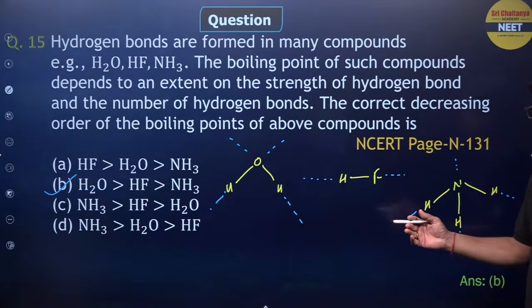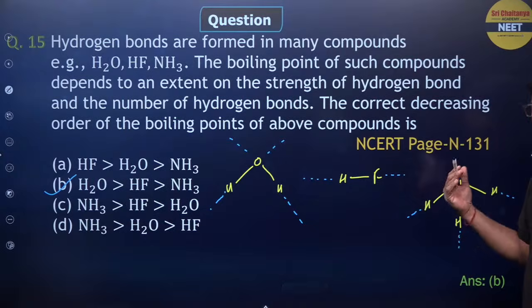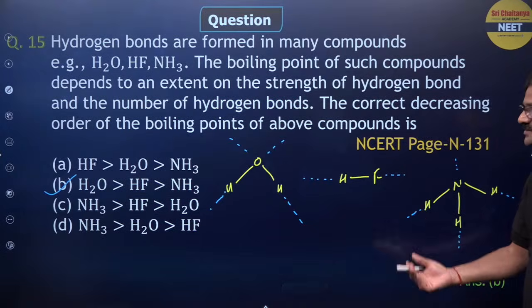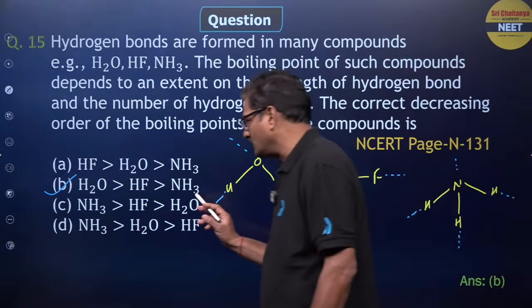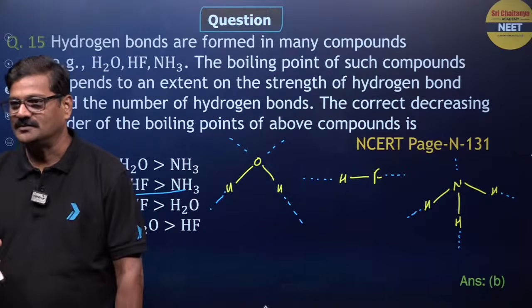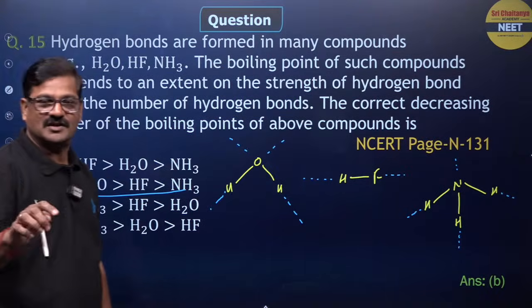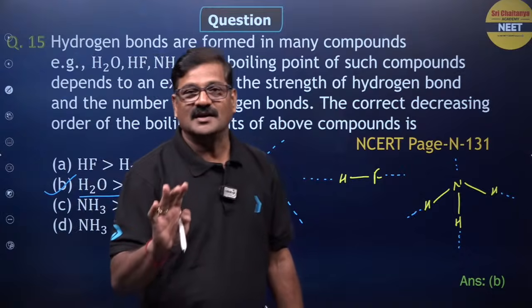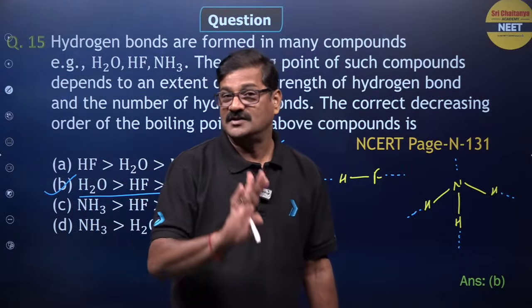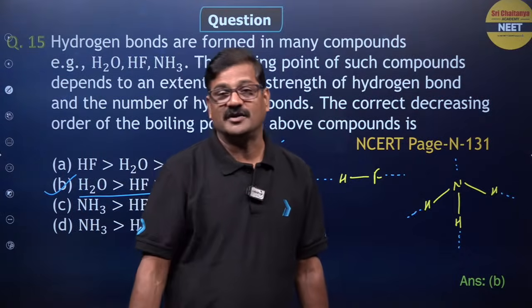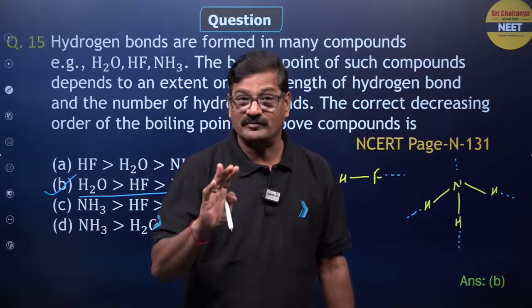So it all depends upon the strength and the number as well. So like this, you need to have a clear picture on hydrogen bonding. In the last 10 years, 4-5 times direct questions have been asked in the NEET examination, and you should be very careful.